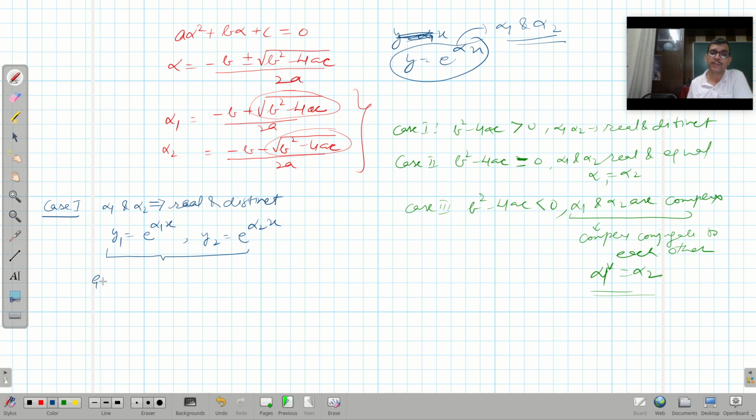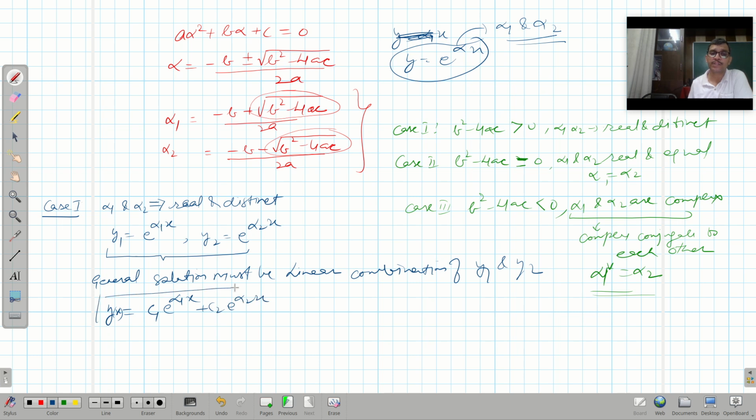Then the general solution must be a linear combination of y1 and y2. So I can write y, which is a function of x, as c1 e raised to power alpha 1x plus c2 e raised to power alpha 2x.